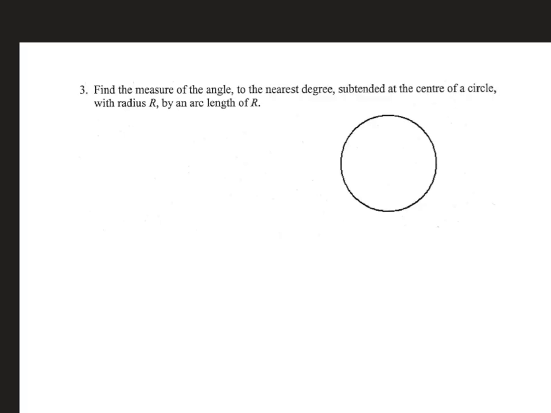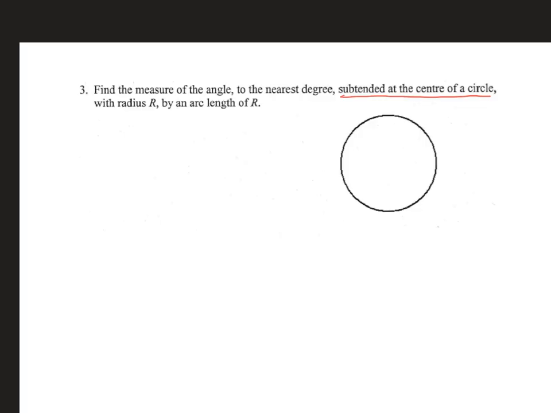Second part, when you see this language that says subtended at the center of a circle, really all that means is created at the center of a circle. So everything that we've done so far by putting those angles in place have been subtended at the center of a circle. So for us to see on our diagram, what is this problem asking us?